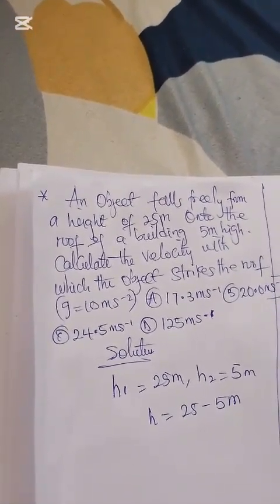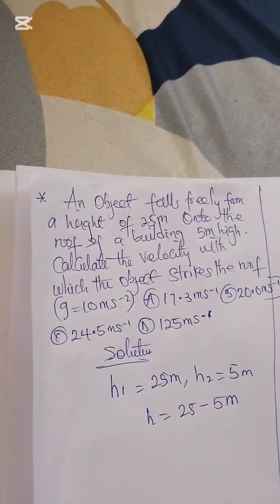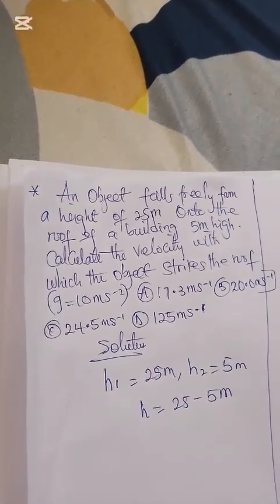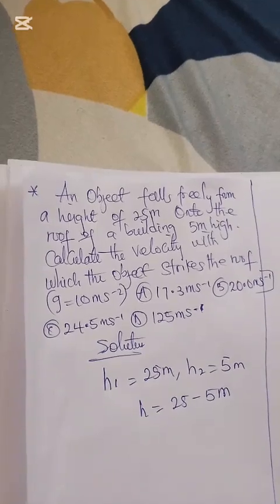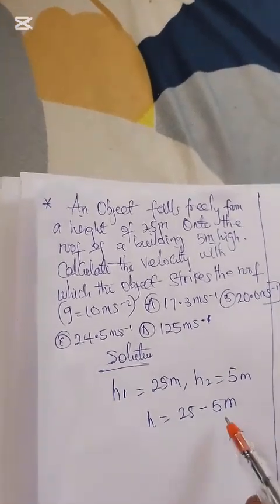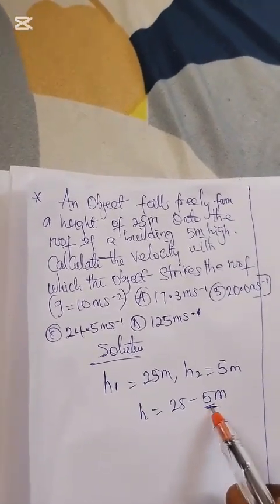So the first height was 25 meter, and the second height was 5 meter. Which means the height from the top to the roof of the building is h equal to 25 minus 5. The roof of that building is 5 meter from the ground, so we subtract the height of the building from the total height, which gives us 20 meter.